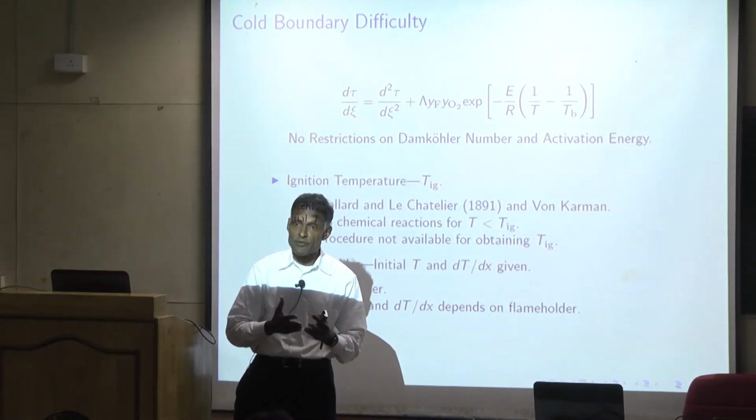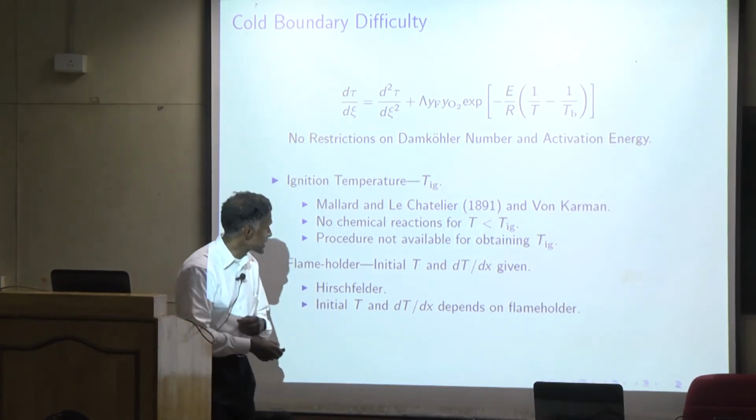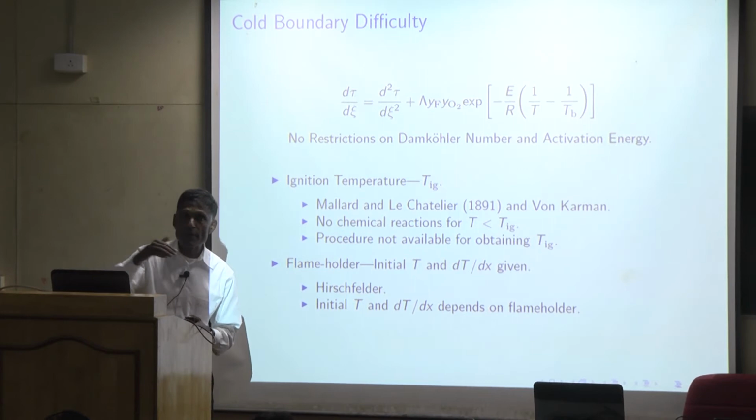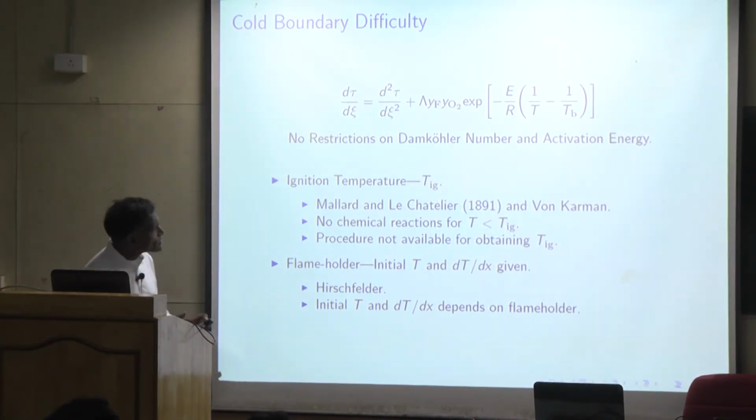That means the gradient of temperature is not zero. So Hirschfelder said that ignition temperature is not right; in fact, it is the gradient of temperature that is non-zero. It actually turns out they're both equivalent. That was the argument for quite some time between von Karman and Hirschfelder over which is the right approach.